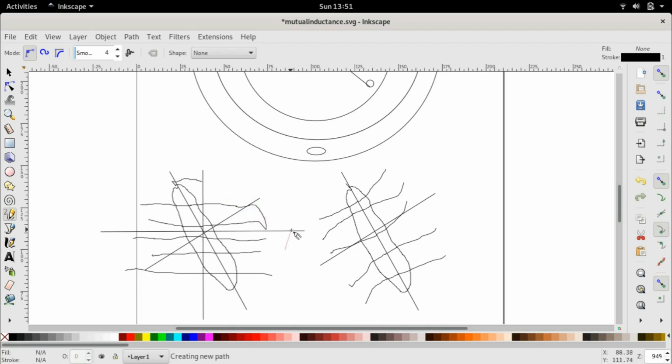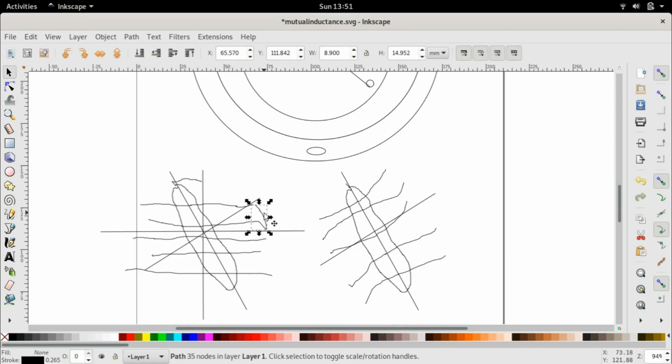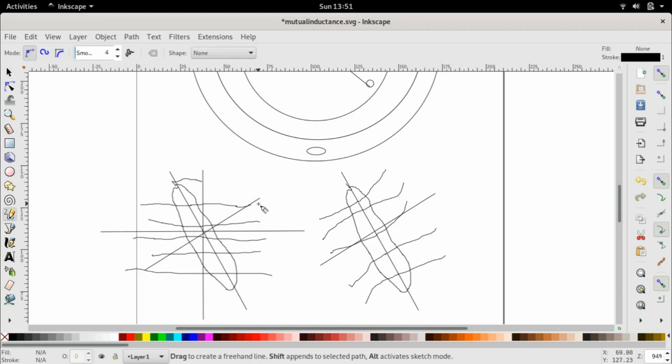The same angle. This should probably be deleted, and let me draw another one. So this is the same angle.